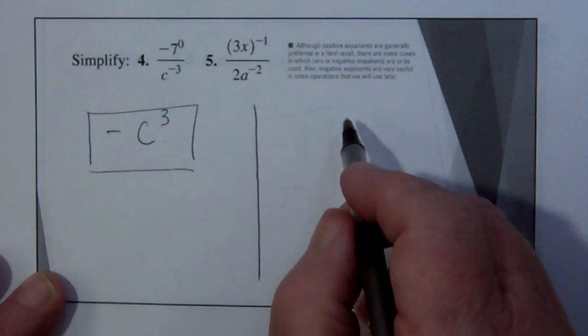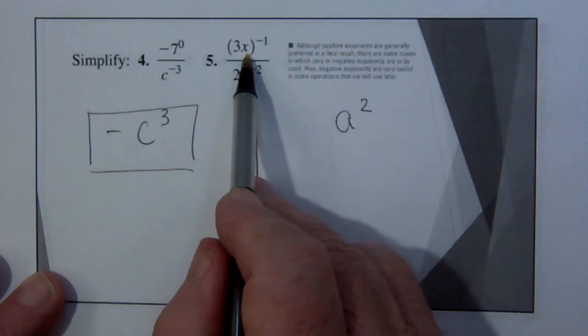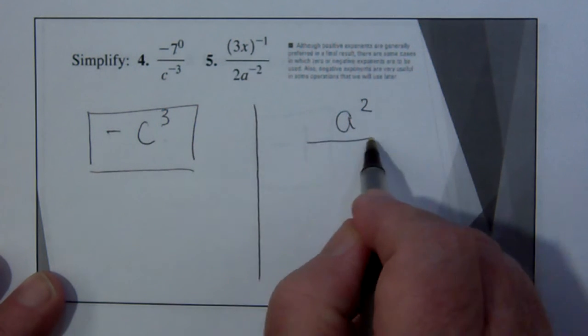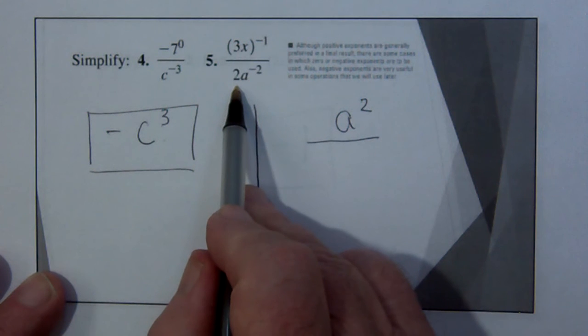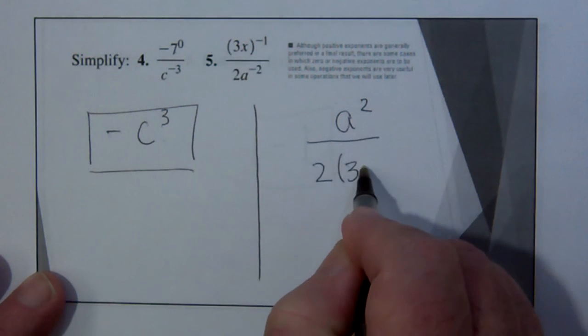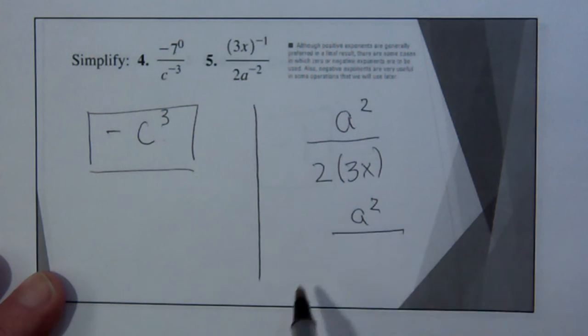Just as here, it moves to the numerator. And 3x, the whole thing, is the base associated with the exponent of minus 1, so that moves to the denominator. The 2 doesn't go anywhere because it's not being raised to a power. So we get this, and that is going to be a squared over 3 times 2, which is 6x.